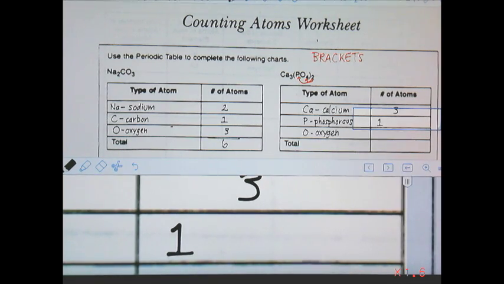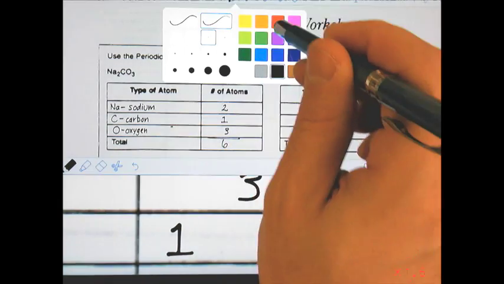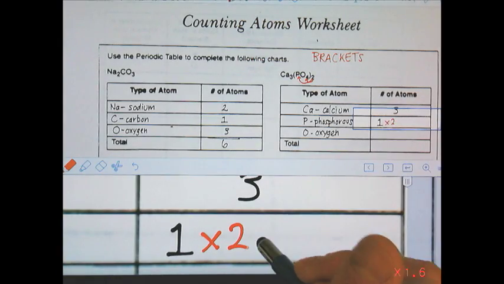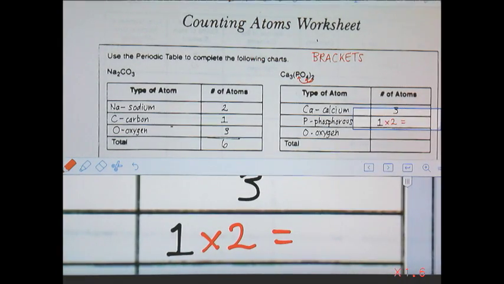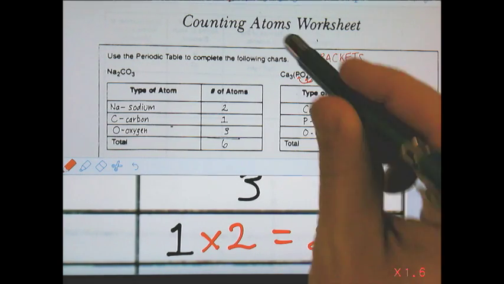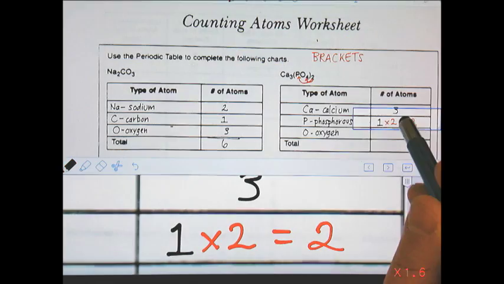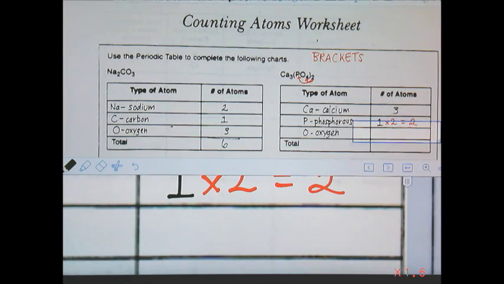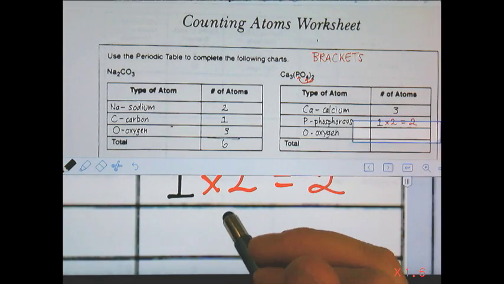Phosphorus has no subscript, so we assume that there is 1 phosphorus, but we're going to multiply this by 2, the number outside the brackets. So 1 times 2 is 2 atoms of phosphorus. The number associated with oxygen is 4.